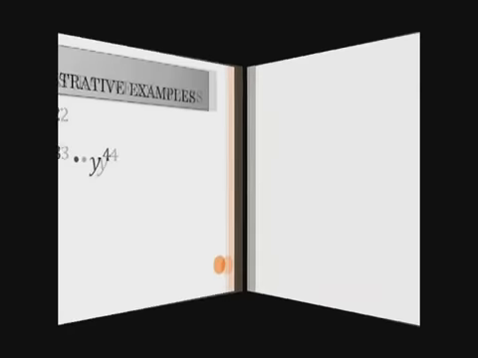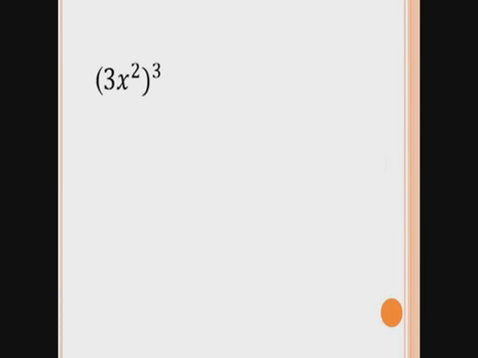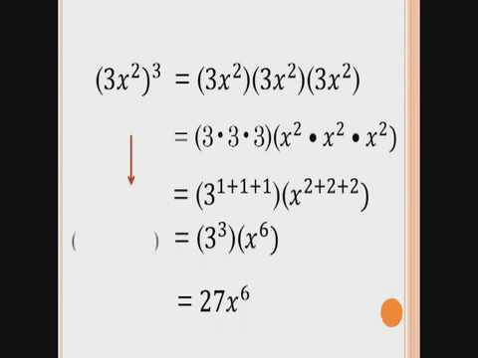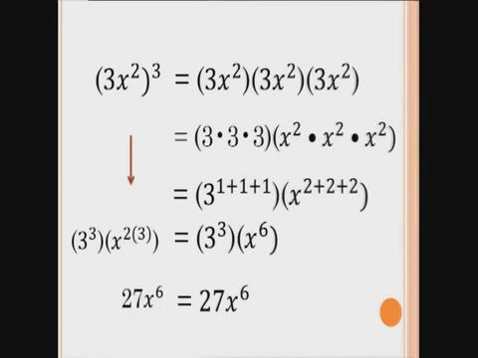Let's have another expression, that is 3x squared to the power of 3. We can multiply the base, that is 3x squared, by 3 times, because the exponent outside is 3. That is 3x squared times 3x squared times 3x squared. By the associative property, we can group the numerical coefficients and the variables.